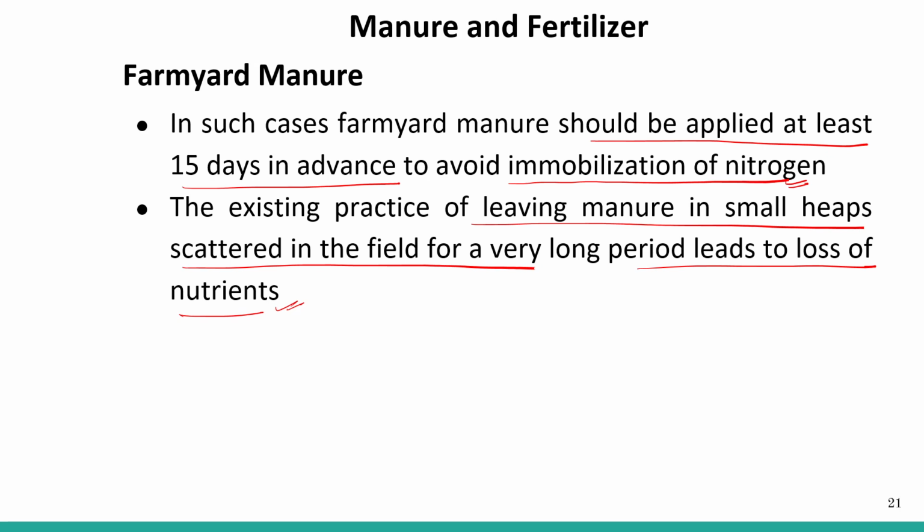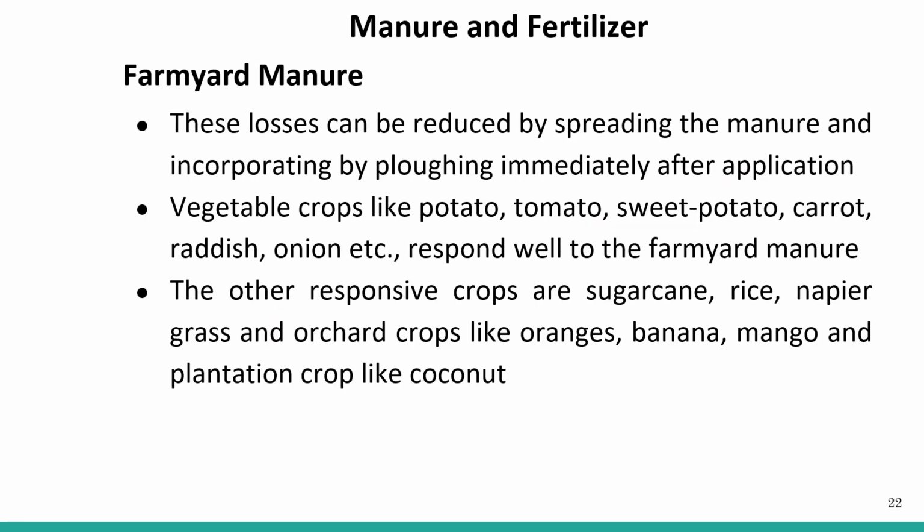These losses can be reduced by spreading the manure and incorporating it by plowing immediately after application. We should not collect it in a heap. We should spread the manure and incorporate it by plowing immediately after application, right?